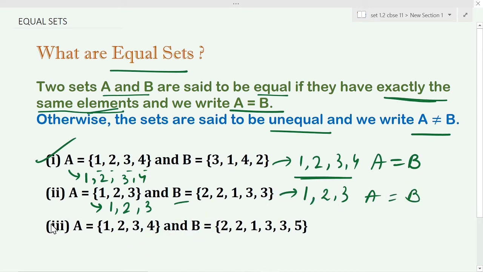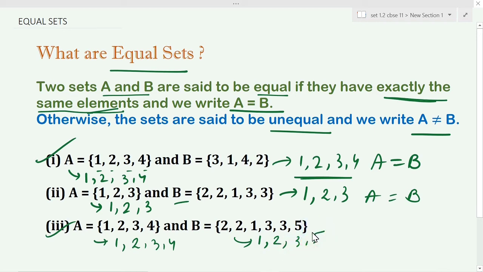Now the third example. A contains 1, 2, 3, 4. So the elements of A are 1, 2, 3, 4. Now B contains 2, 2, 1, 3, 3, 5. So the distinct elements of B are 1, 2, 3, 5.